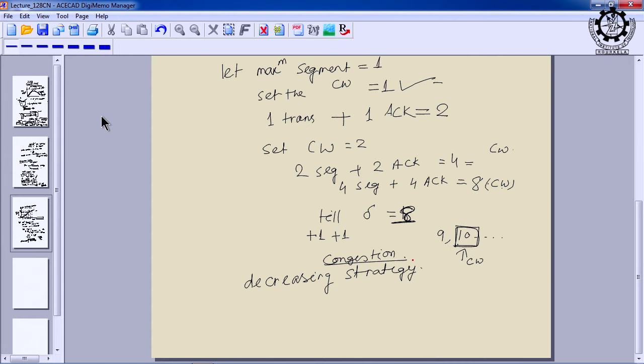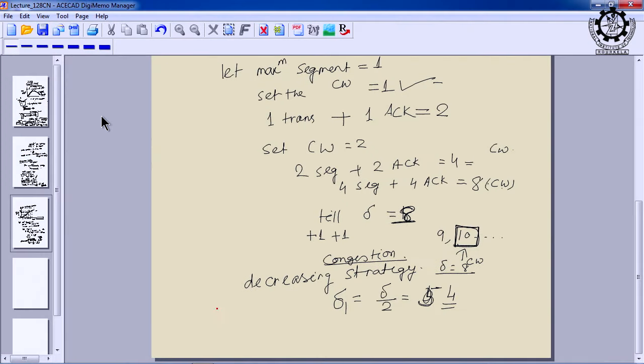What it says is, earlier my threshold was at 8, so I got a congestion at number 10. You reduce the threshold: the new threshold is equal to the old threshold divided by 2, earlier it was 8, so this is equal to now 4, right.